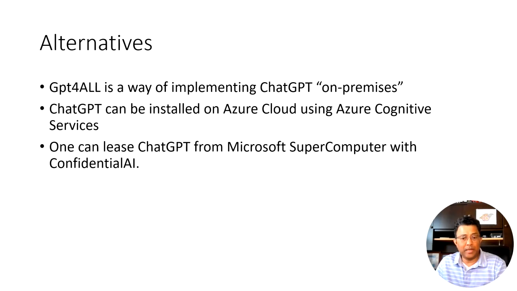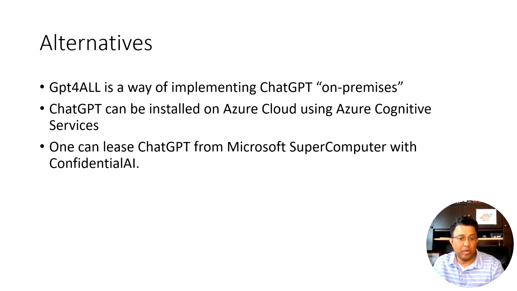Now, when you install it on premises, there are two choices of infrastructure that you can use. One is you can use Azure Cloud using Azure Cognitive Services, and that's one way of doing it. The other way is you can lease ChatGPT from the Microsoft supercomputer with confidential AI.